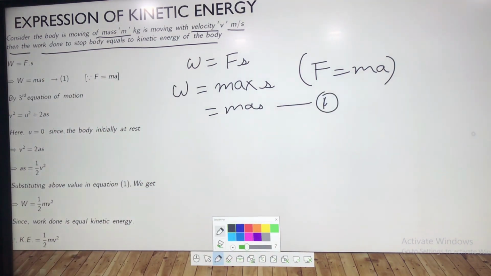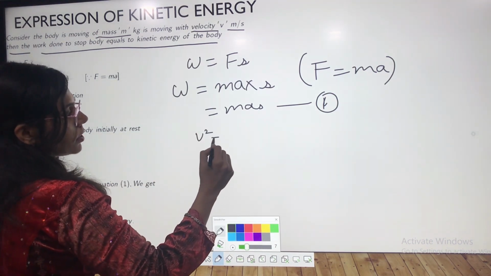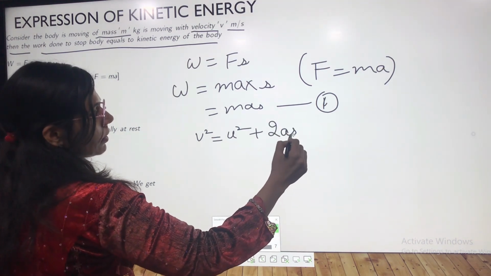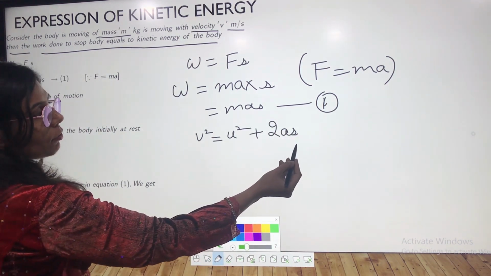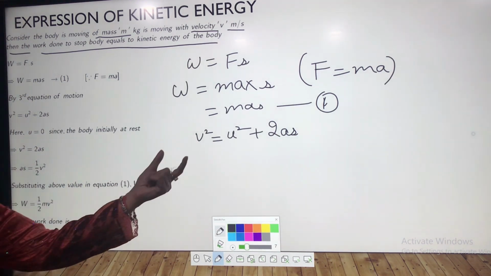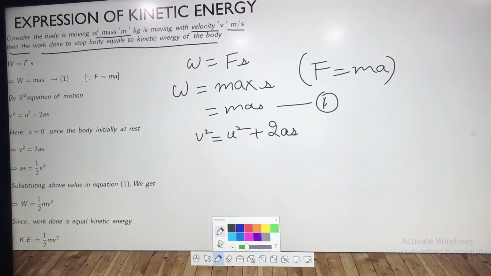Now we know Newton's third equation of motion, that is v square is equal to u square plus 2as. We will take the value of s from here and substitute it over here. Here, a body of any mass m is moving with velocity v.